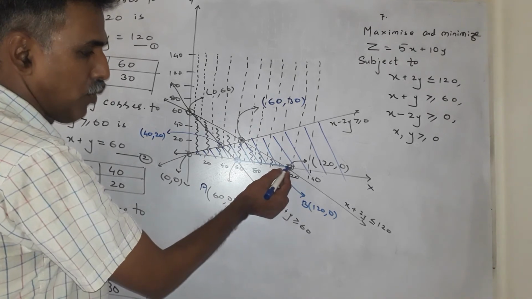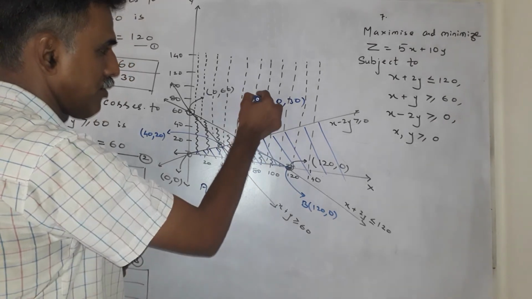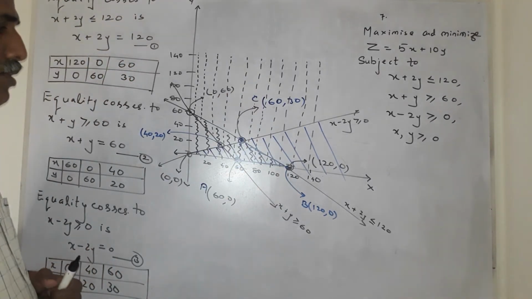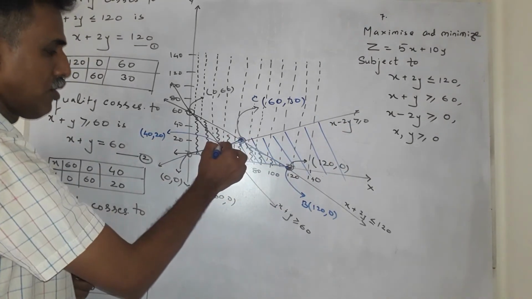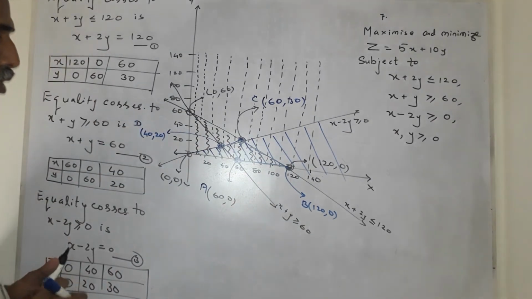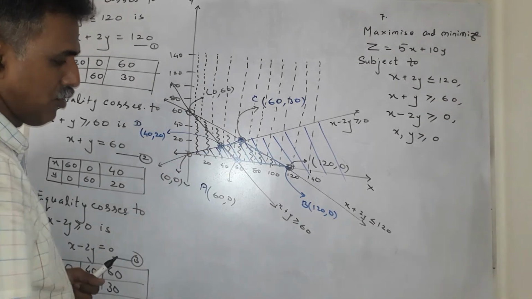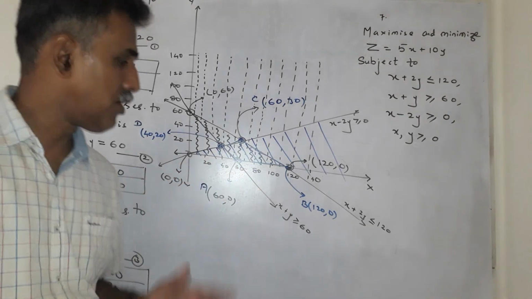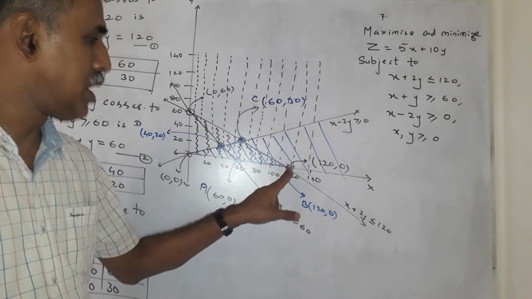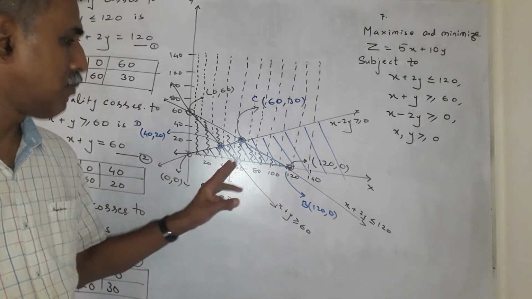Then from B, we move along the line x plus 2y equal to 120 to reach point C, 60, 30, and from there we move along x minus 2y greater than or equal to 0 to reach point D, 40, 20. From D we travel along x plus y greater than or equal to 60 to reach back at A. So the feasible solution region here is a bounded region, a quadrilateral A, B, C, D, and then back to A. So we have the common feasible region with the corner points A, B, C and D.